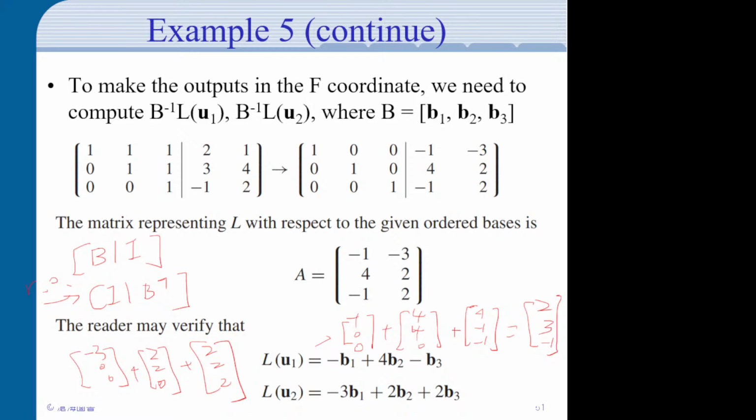Okay, so we check that our answer is correct. For the middle one, we need to check the Gaussian elimination. You need to do the Gaussian elimination. But this is already in row echelon form, so it's easy. You subtract those two out, and then you subtract this one out.